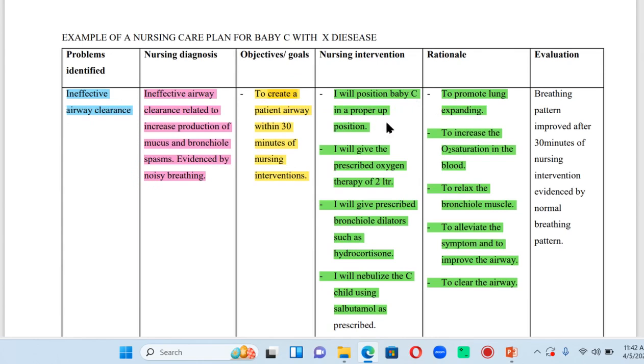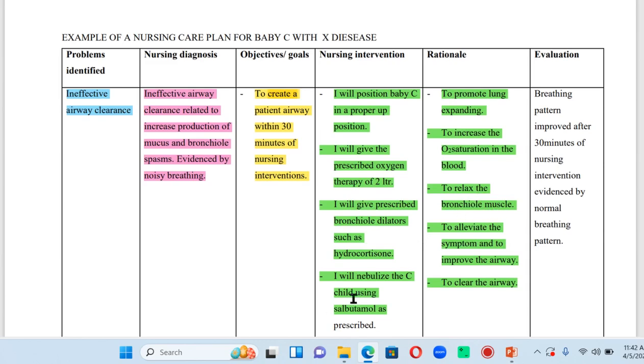Because this is just an example, I will position baby C in a proper position, and my rationale is to promote lung expansion. I will give the prescribed oxygen therapy of about 2 liters per minute. Why? To increase oxygen saturation in the blood. I will give prescribed bronchodilators such as hydrocortisone. Why? In order to relax the bronchial muscles.